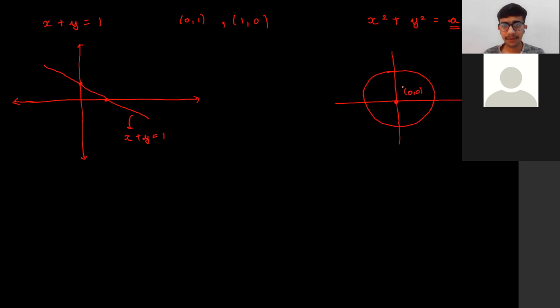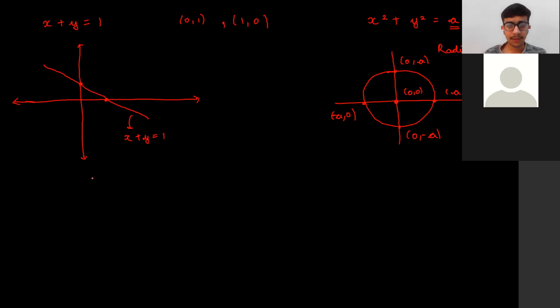Since the radius is a, you can actually mark all of these coordinates. This will be 0 comma a. This will be minus a comma 0. This point will be 0 comma minus a. And this will be a comma 0.